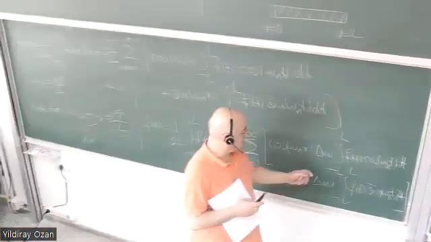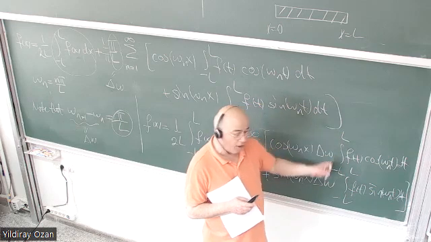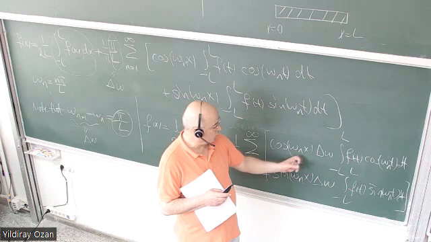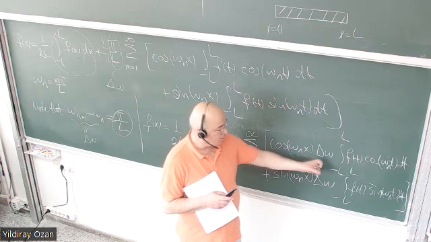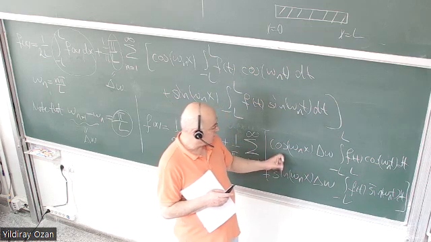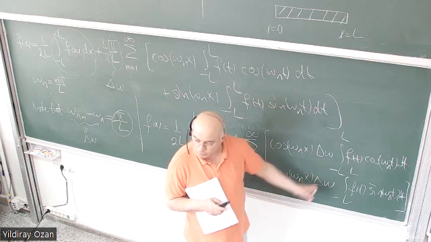Nothing happened to these coefficients except the boundaries went to infinity. And this is just, you know, wn delta w. So this became the integral of w cosine wx dw.